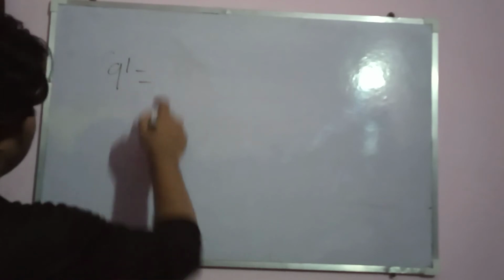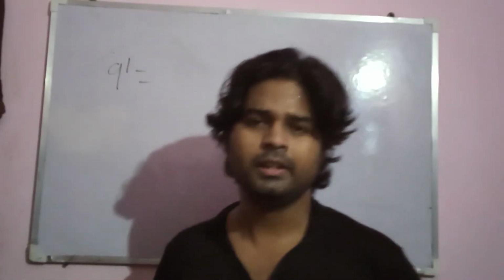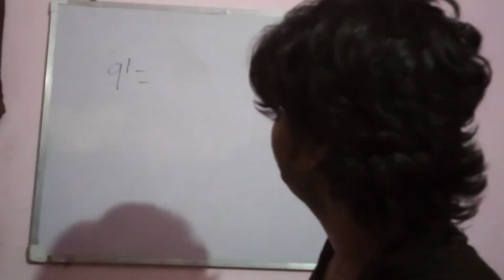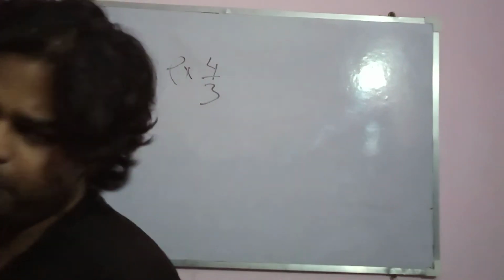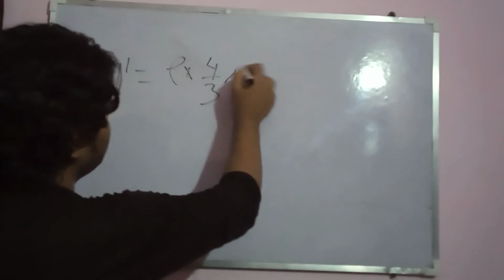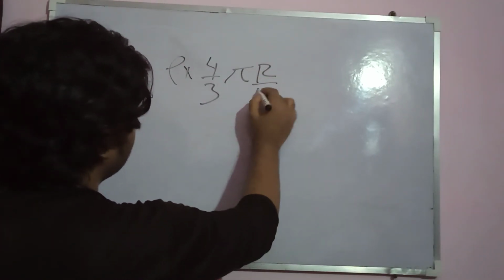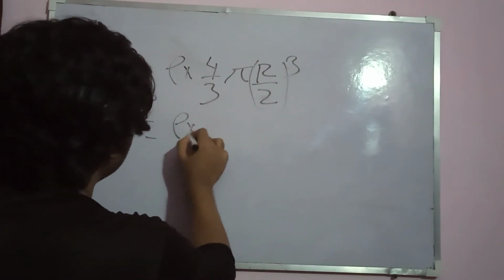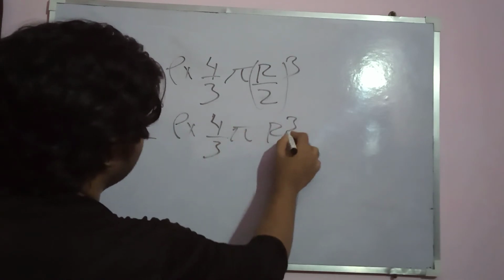Q dash is the charge on the removed sphere, and as we know, the charge is uniformly distributed inside the bigger sphere. So rho into the volume of the smaller sphere, that is 4 by 3 pi (r by 2) whole cube, that is rho into 4 by 3 pi r cubed by 8.